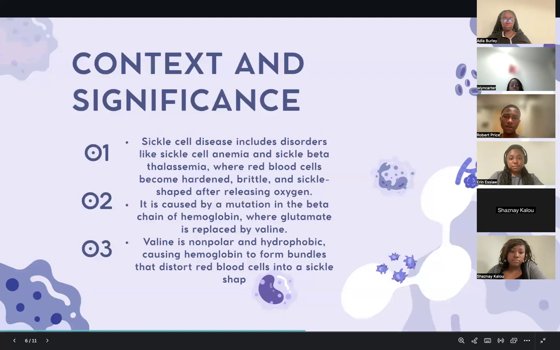Sickle cell disease is caused by an amino acid replacement in the beta chain of the human hemoglobin, with glutamate replaced with valine. Valine is nonpolar and hydrophobic and tends to shrink into the middle of the protein. The deformed protein forms bundles and distorts the red blood cells that carry them, resulting in the characteristic shape of a sickle.